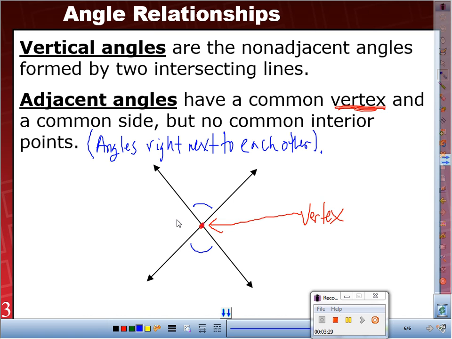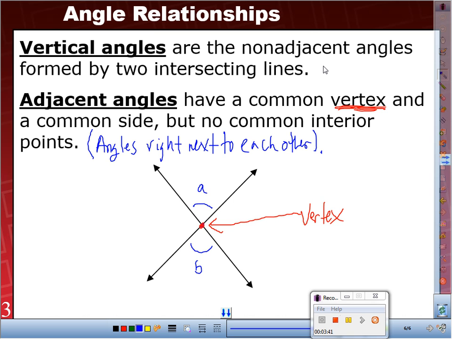So let's label this one A, B. Okay. All right. So vertical angles, let's see what it says, are non-adjacent angles formed by two intersecting lines. So this one is vertical to this one. So these are known as vertical angles.